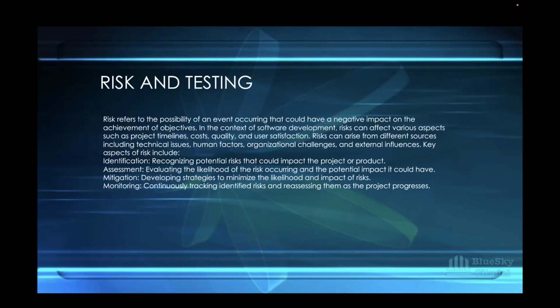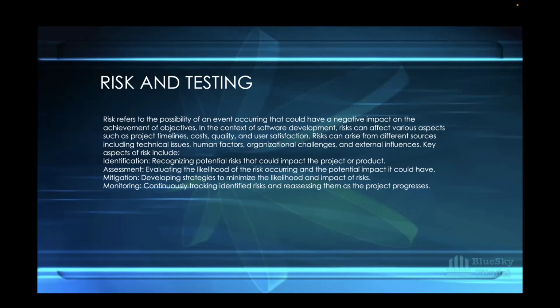When it comes to testing, one of the things I mentioned earlier that we QAs look at is risks. So what is this risk? Risk refers to the possibility of an event occurring that would have a negative impact on the achievement of objectives.